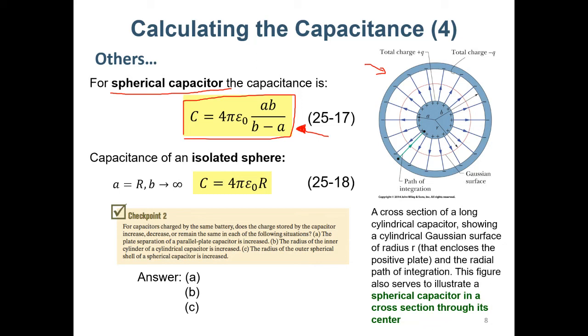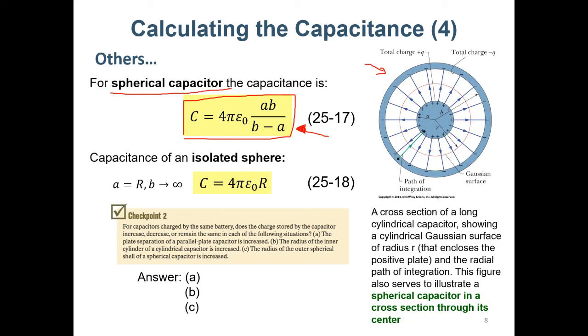So this is the equation for a spherical capacitance. It is k times ab over b minus a. Similarly, if you make a and b close to each other, then this capacitance will be large.